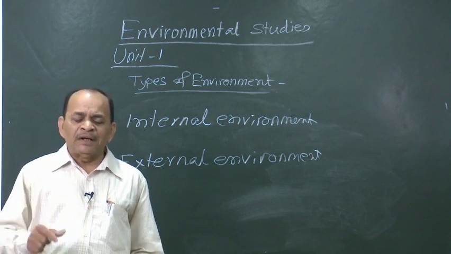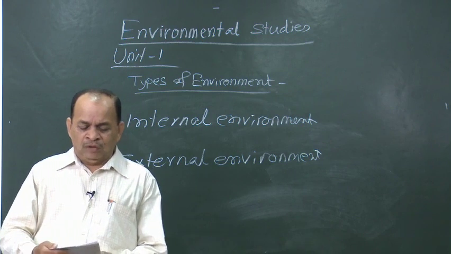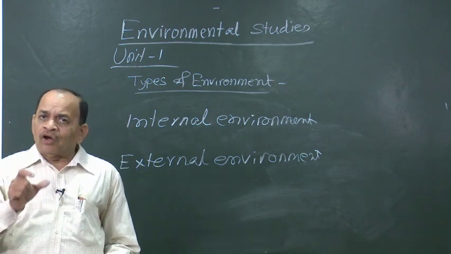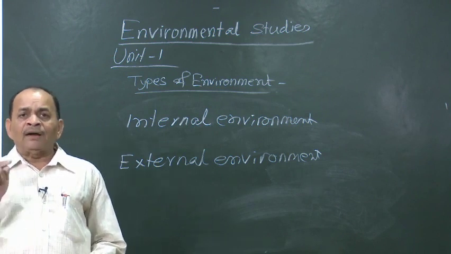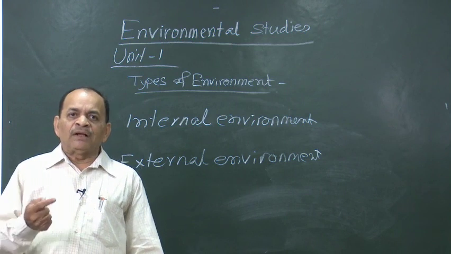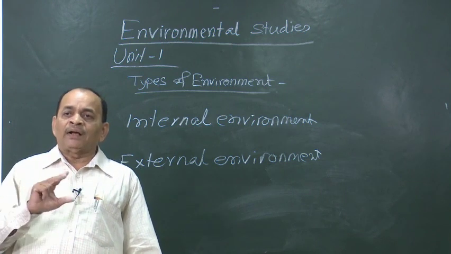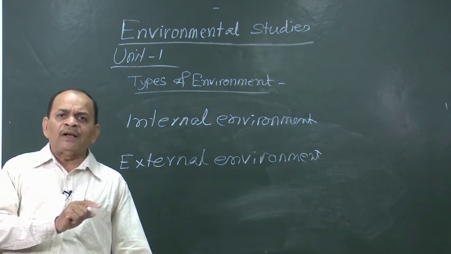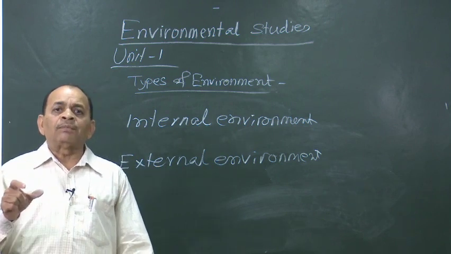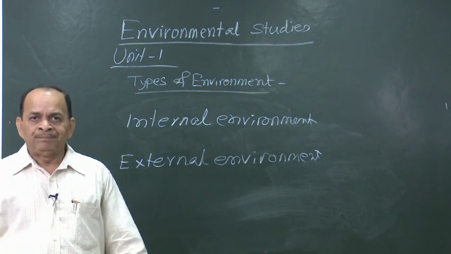The internal environment is stable, and our body surface acts as an exchange barrier. The materials and energy are exchanged between the internal environment and external environment by the body surface, that is the exchange barrier.